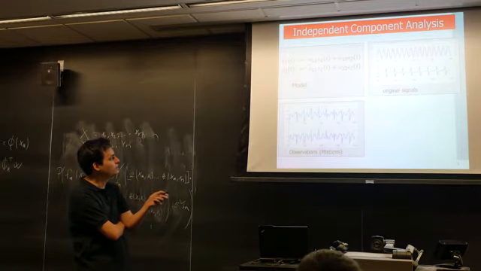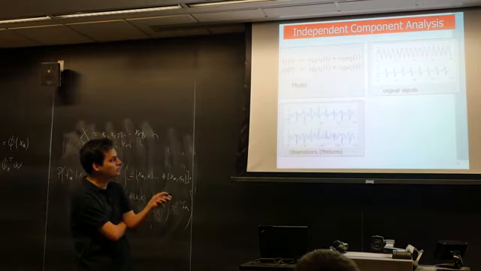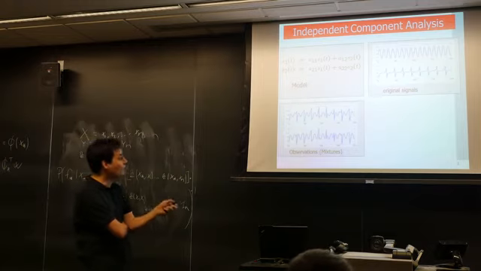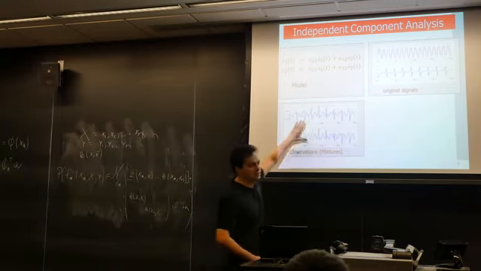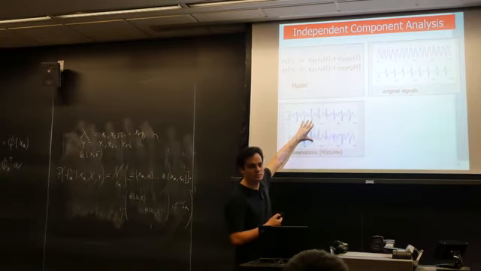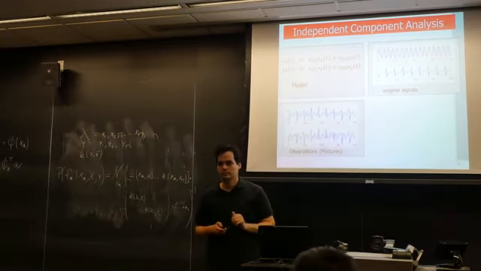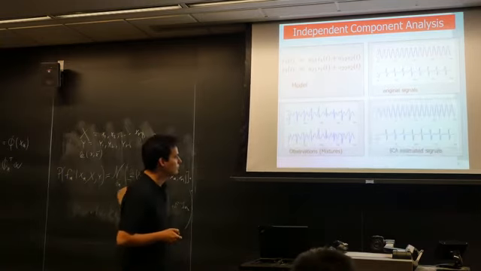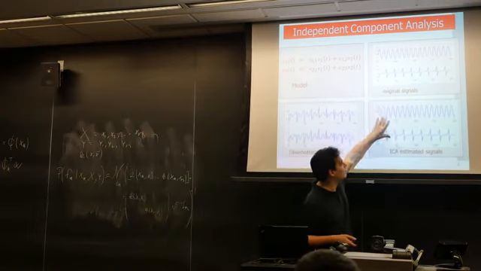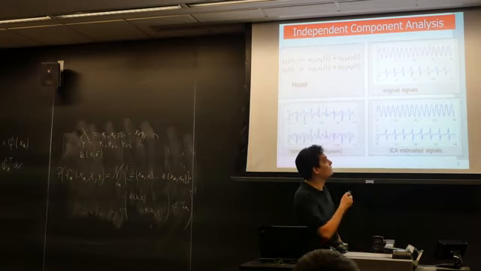In this case, for example, this was S1(t), this is S2(t), and this is what you observe. The goal is that just using these observations, nothing else, we want to estimate the original signals. So with independent component analysis, we are hoping to get something like this, where this would be the two estimated signals.